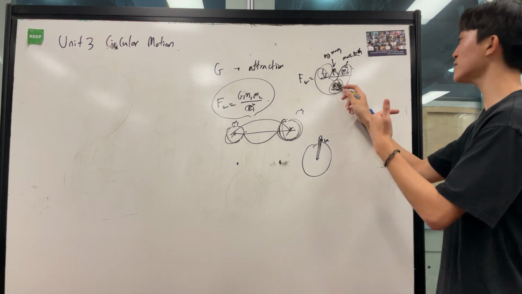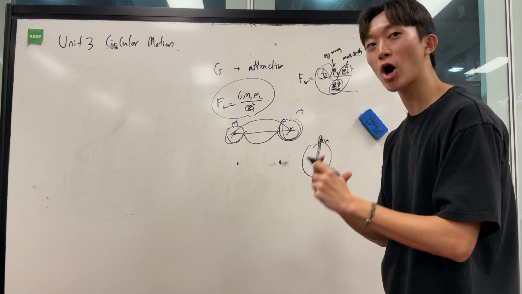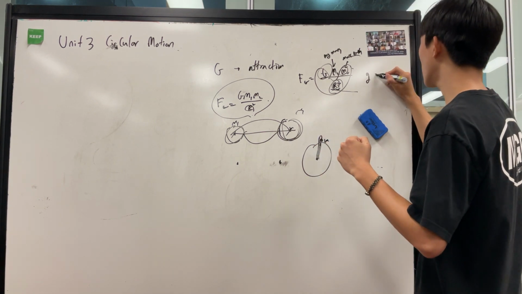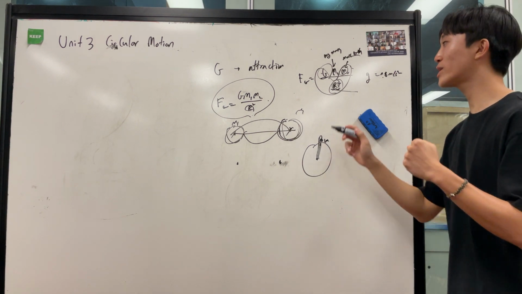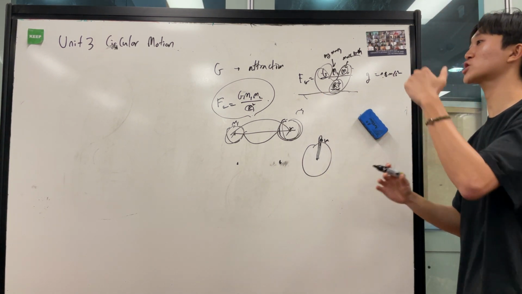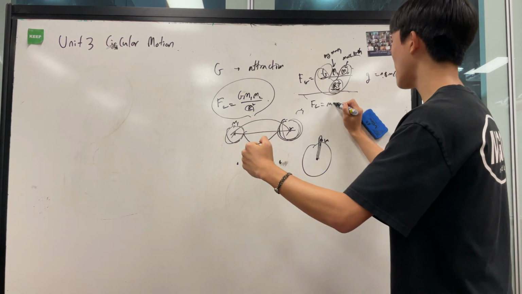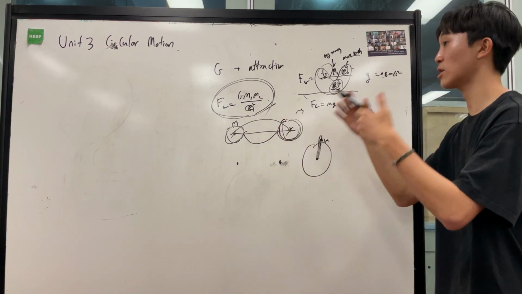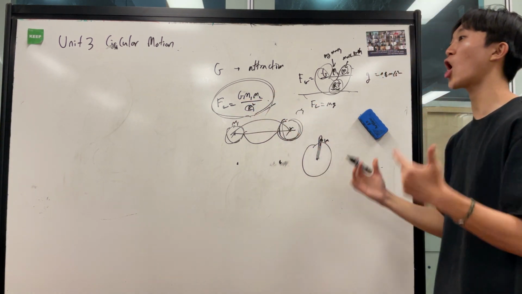And everything else, we group into a simpler constant, which is small g, or 9.8 meters per second squared. That is why we can express the gravitational force caused by the Earth in the form of Fg equals mg instead of this complicated thing. Why? Because again, except for your own mass, all the other components are constant.